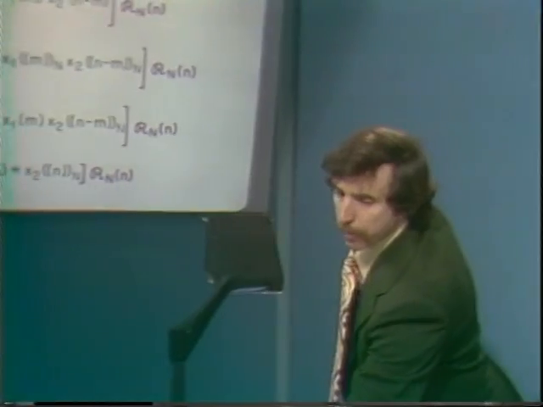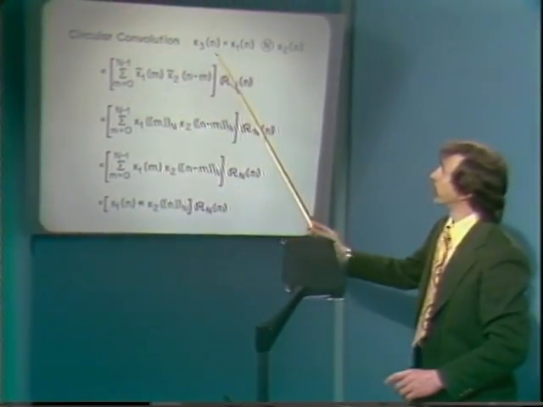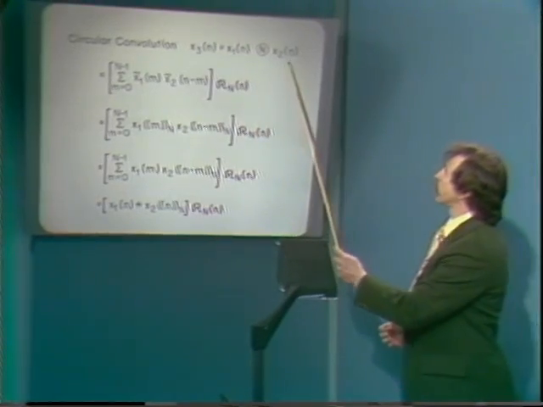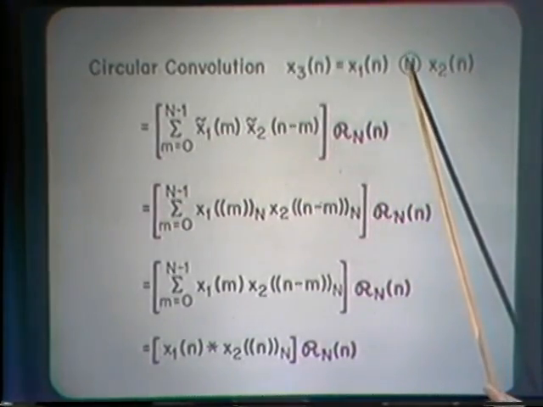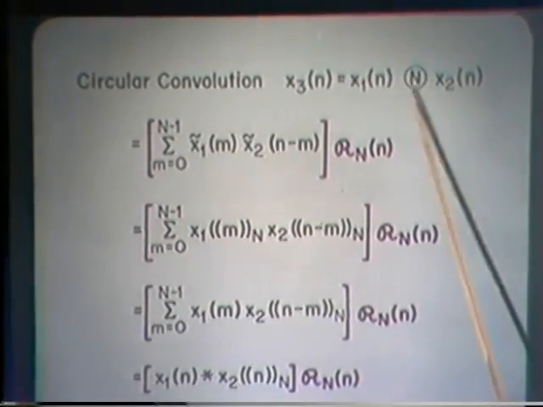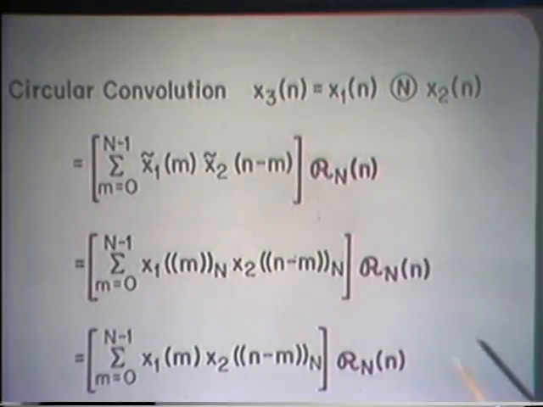Well, first of all, to remind you of the convolution property that we derived last time, we found that multiplying discrete Fourier transforms leads to a circular convolution, which we denoted with an N and a circle around it, meaning an N-point circular convolution.